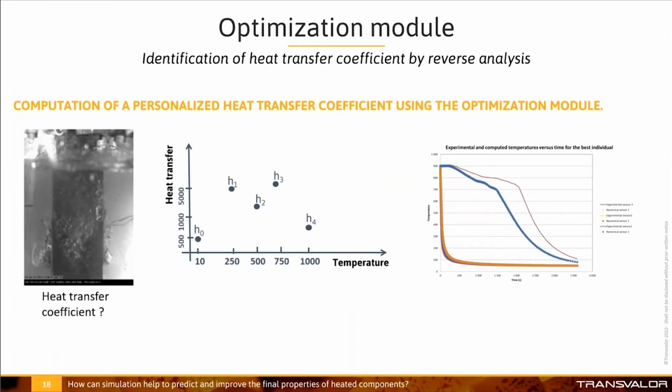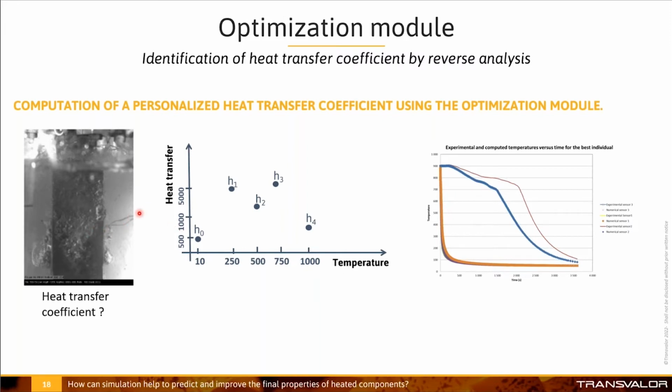Now, if none of the quenchants correspond to your quenching conditions, it is possible to calculate the heat transfer coefficient using the optimization model. How to do it? You will define a heat transfer coefficient as a function of the temperature, and then you will use the optimization model to make a reverse analysis, where you determine the heat transfer coefficient that fits well with the temperature measured by the thermocouple.